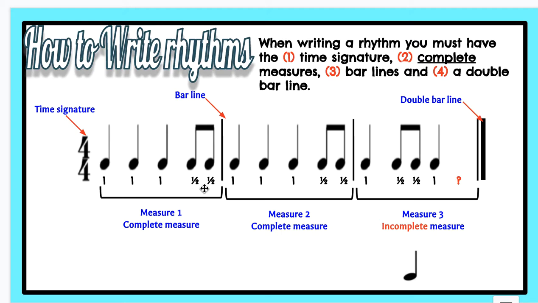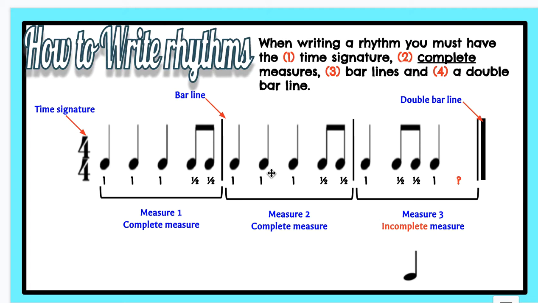So let's see if this measure is complete. So this is 1 beat plus 1 plus 1. These 2 represent half a beat each. When you add those up, it's a complete measure. It represents 4 beats in all. So when you have 4 beats in all, you draw what's called a bar line, showing that that measure is complete.